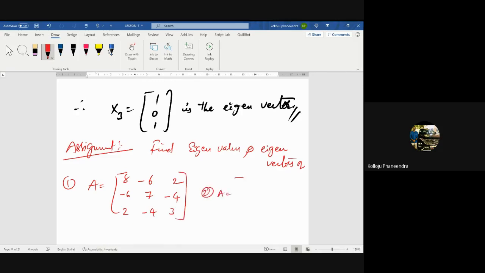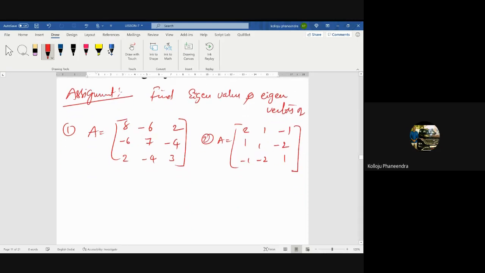Second one, A equal to 2 1 minus 1, 1 1 minus 2, minus 1 minus 2 1. And the third one, minus 2 2 minus 3, 2 1 minus 6, minus 1 minus 2 0.